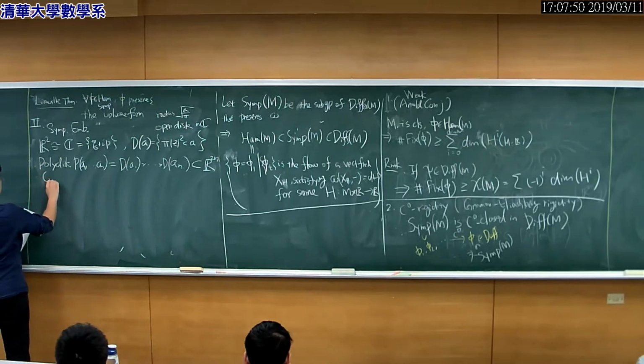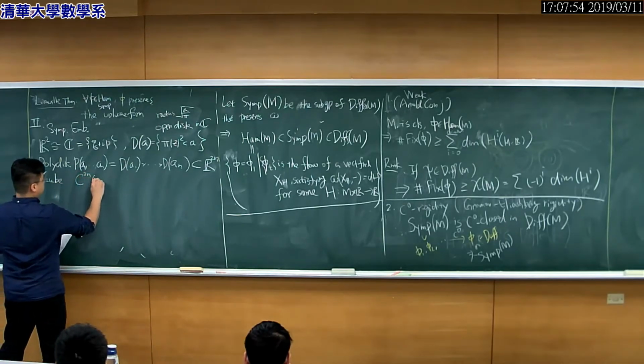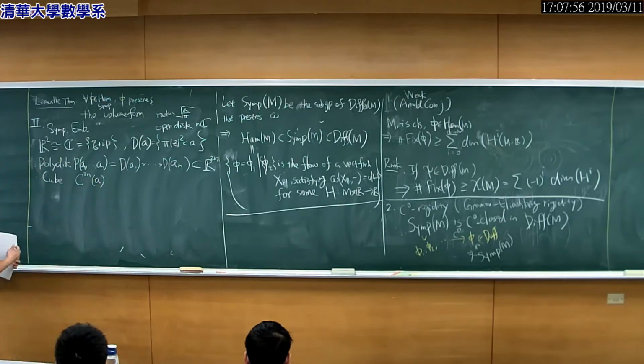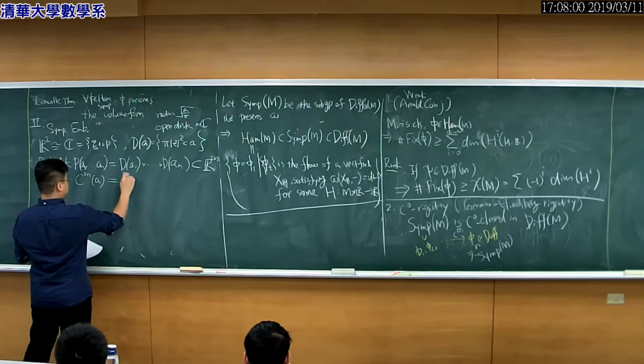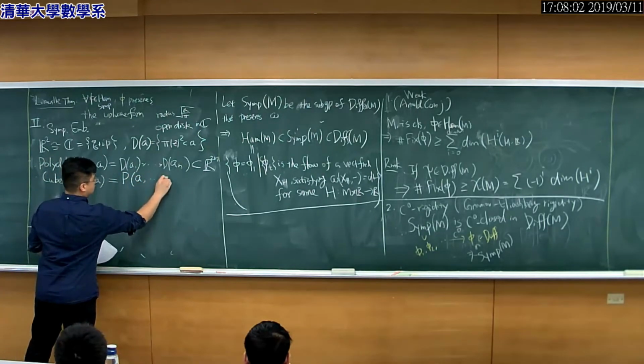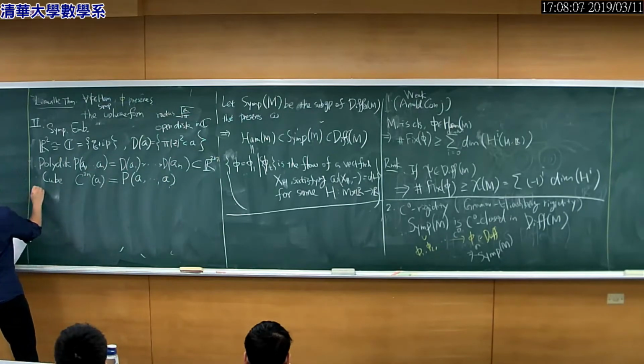Cube. The two-dimensional cube is an open domain in R2, it's just P, and you control the same radius. And I'm going to define what a cylinder is.